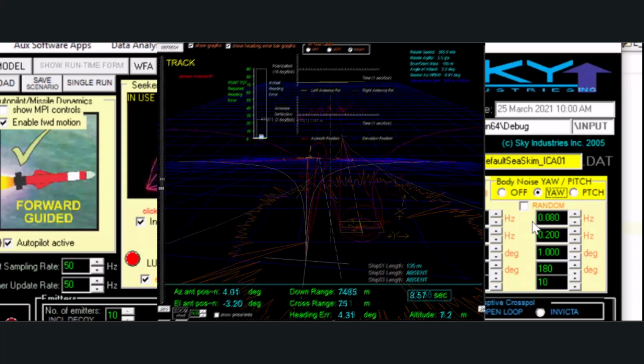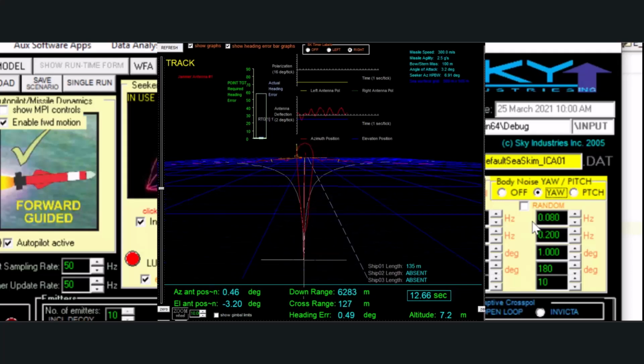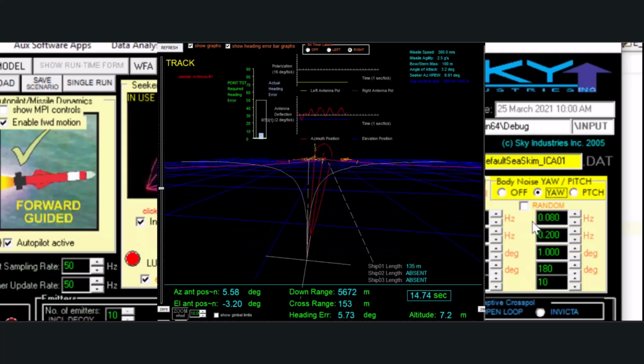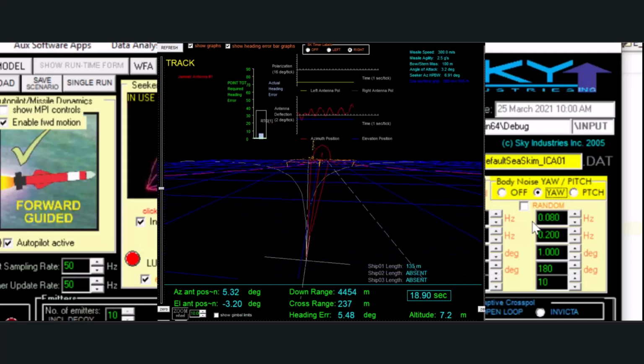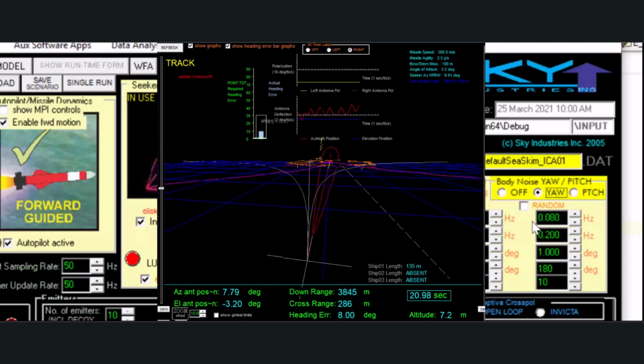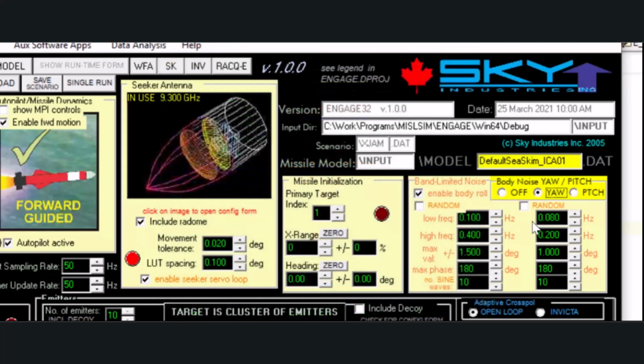Well, suppose we were looking at a passive range estimator, and we wanted to know how reliable this thing is as the missile flies in while we're jamming it. Suppose we are successful, we're causing the missile to develop a heading error. Well, the radial missile velocity changes, so that'll affect the range estimator, but how much?